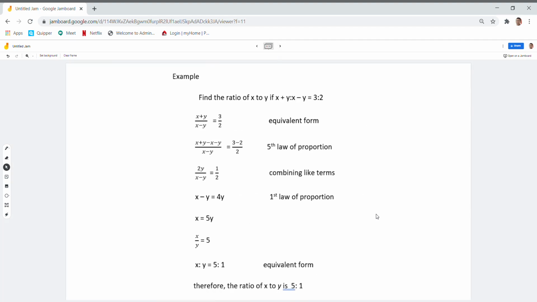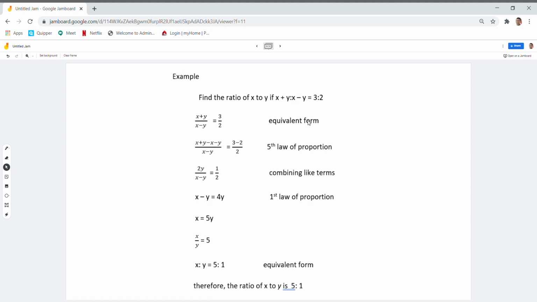Now, let's take this example. Find the ratio of x to y if x plus y is to x minus y as 3 is to 2. So better write it in fraction form so you can see it. So you have x plus y is to x minus y is equal to, or as, 3 is to 2.